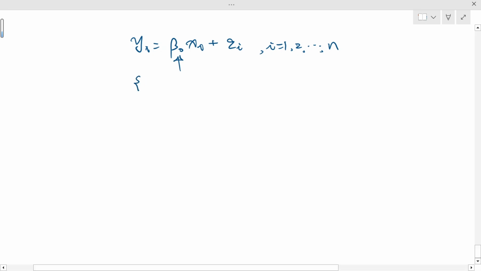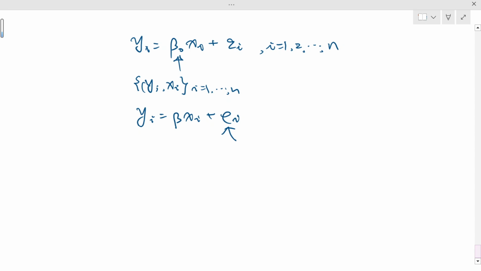Given the data yi, xi, we set up the empirical model. This is the error term. And we want to estimate beta. We want to estimate beta 0 from the data.